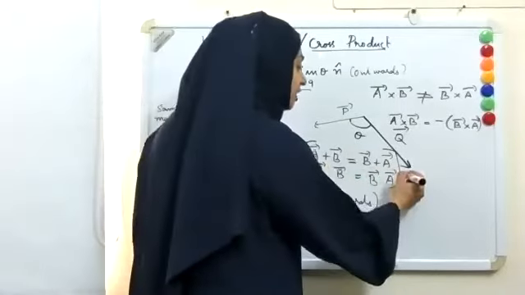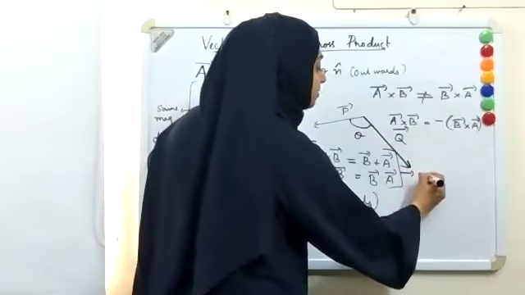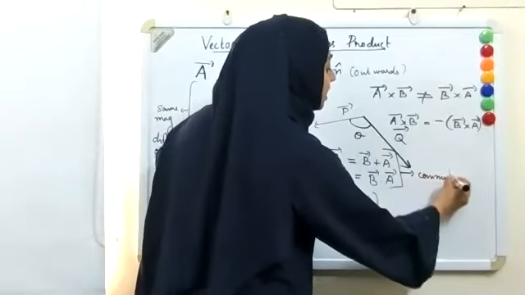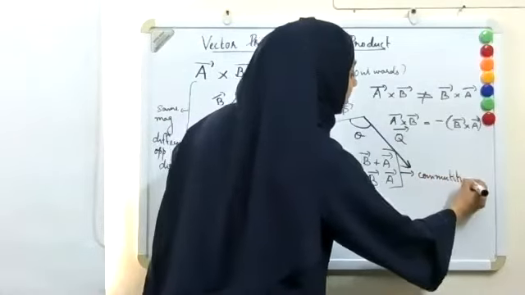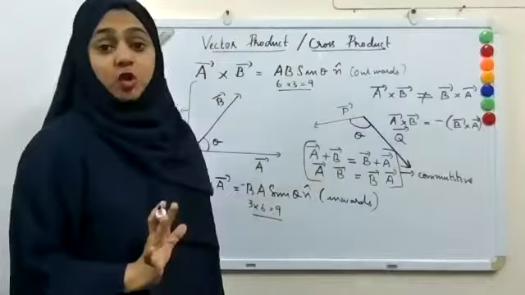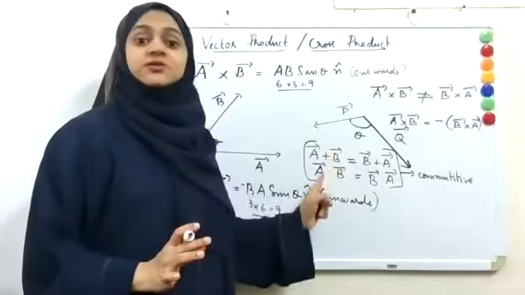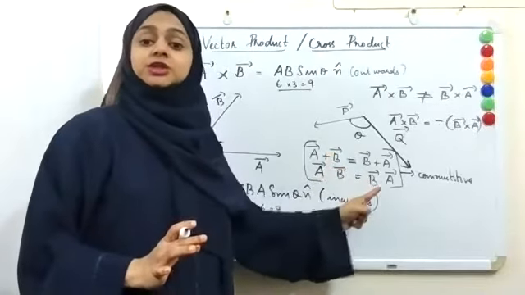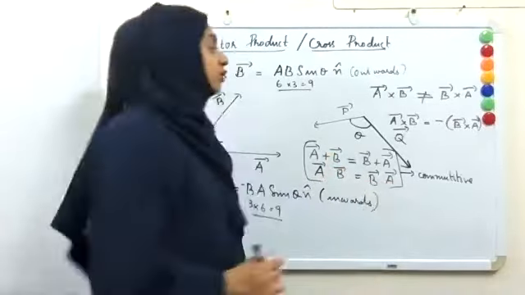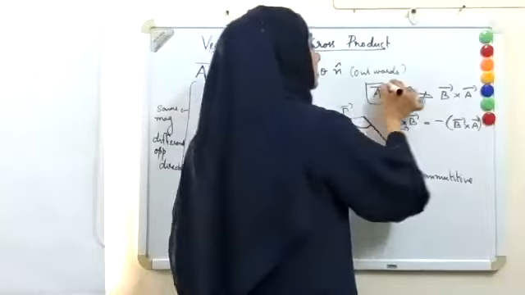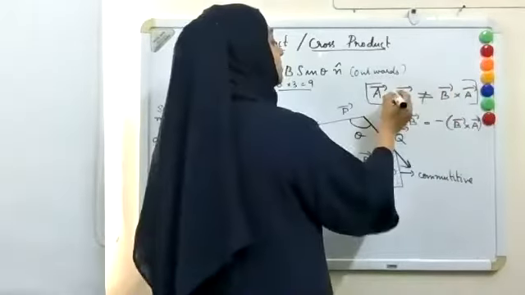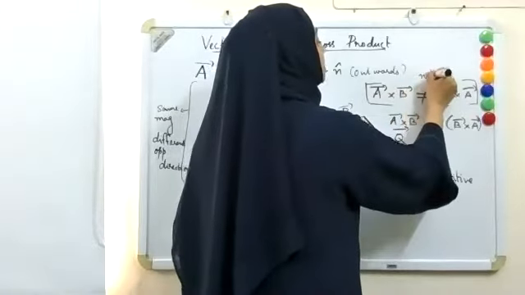Since they are equal, we call that commutative. So they obey commutative law, or you can say that vector addition is commutative. Scalar multiplication of vectors is commutative, while vector product, vector multiplication, is not commutative.